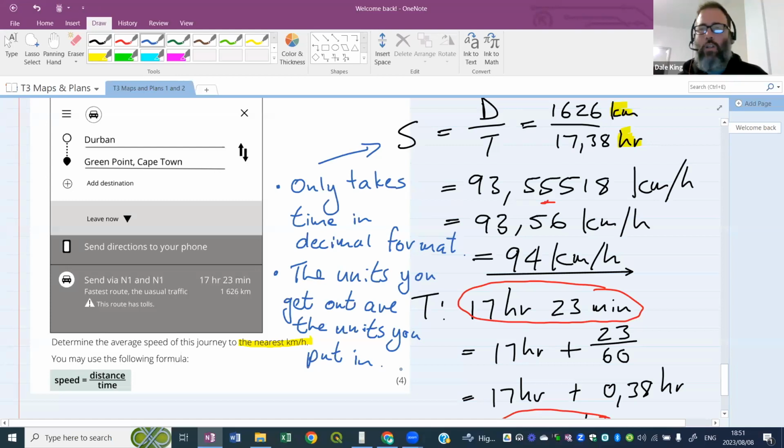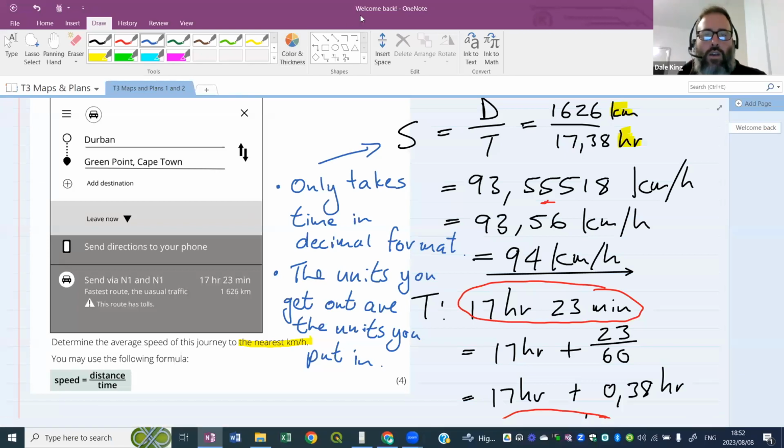So if the question wants kilometers per hour, change your units to make sure that you've got kilometers and hours before you go into the formula. Because if you put the wrong units into the formula first, you're going to have to change it after, and sometimes that's a little bit more challenging. Change the units first and then put them into the formula. It's the best way to do it. Okay. So 2 things: only take decimal format for time, and the units you get out are the units you put in. All right, please remember that.